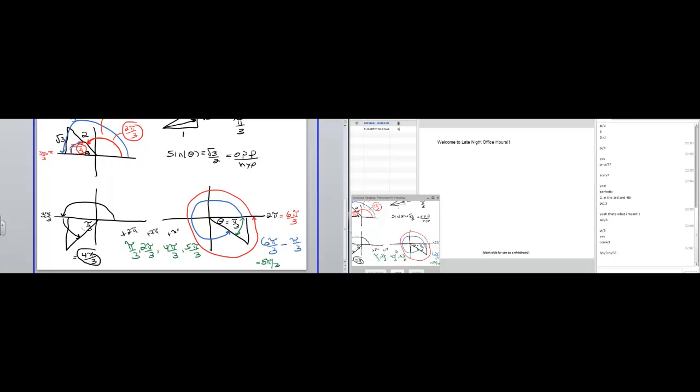This would give us the solution in the next 360 degrees. But that's more trigonometry. We're moving into calculus, so we don't have to worry about the other revolutions. All we have to worry about are these 4 solutions right here. Does that help you, Elizabeth?